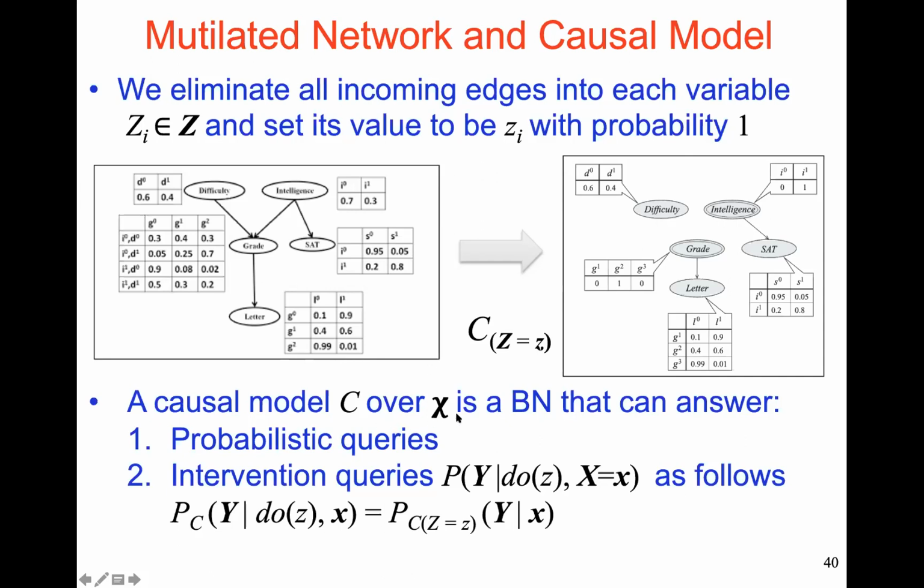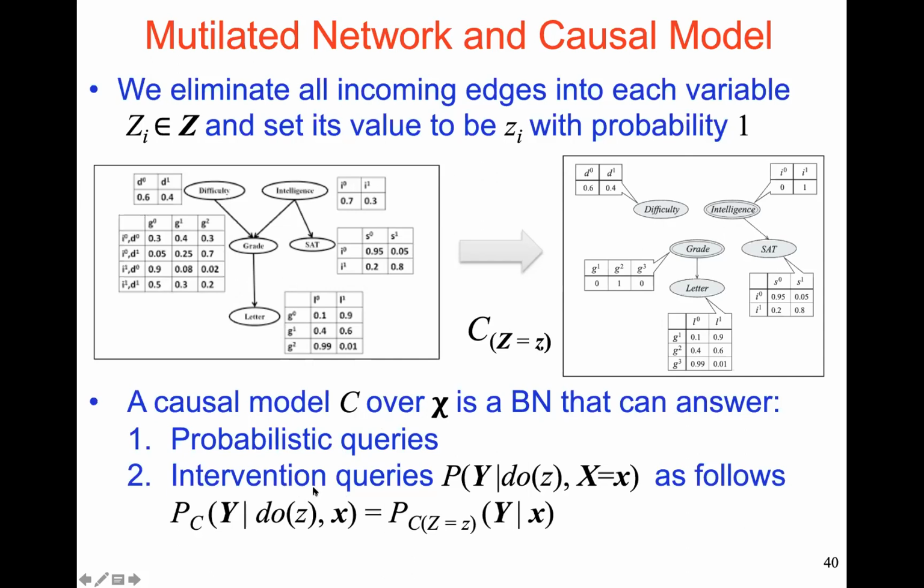A causal model C over X is a BN that can answer probabilistic queries. The usual probabilistic queries are, what is the probability of letter given grade equal to C? What is the probability of letter given intelligence equal to I1? Those kinds of queries can all be answered here. So a causal model can still answer these kinds of probabilistic queries, except these will be slightly different.